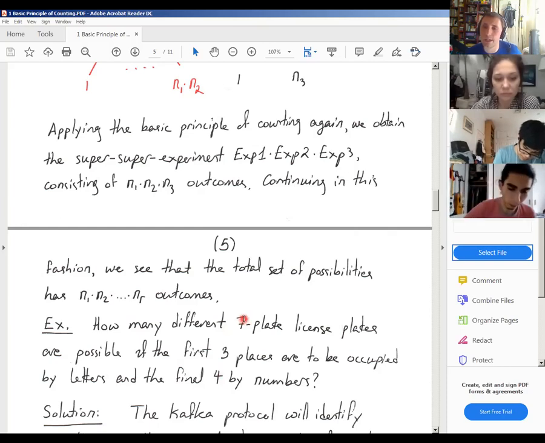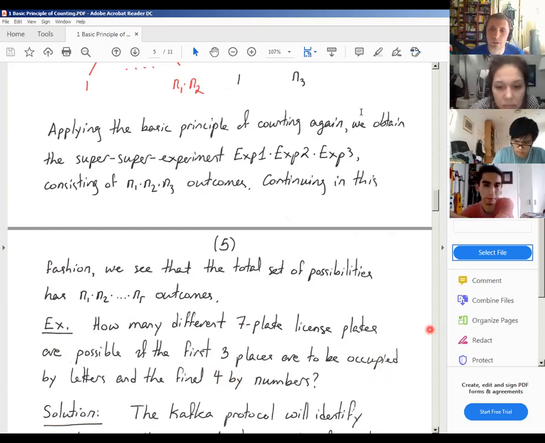So the license plate begins with 3 English letters, followed by any 4 digits. The question is, how many license plates are possible? Think about it.